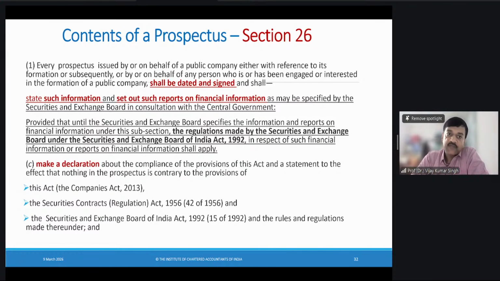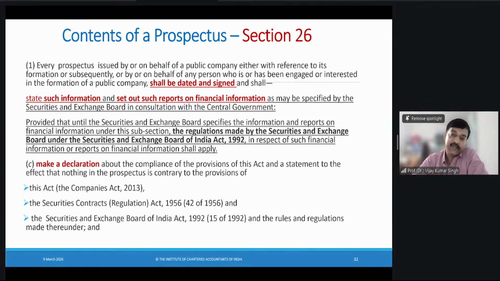So subclause 1 says, every prospectus issued by or on behalf of a public company, either with reference to its formation or subsequently, or by or on behalf of any person who is or has been engaged or interested in the formation of a public company, shall be dated and signed. So all prospectus are required to be dated and signed.